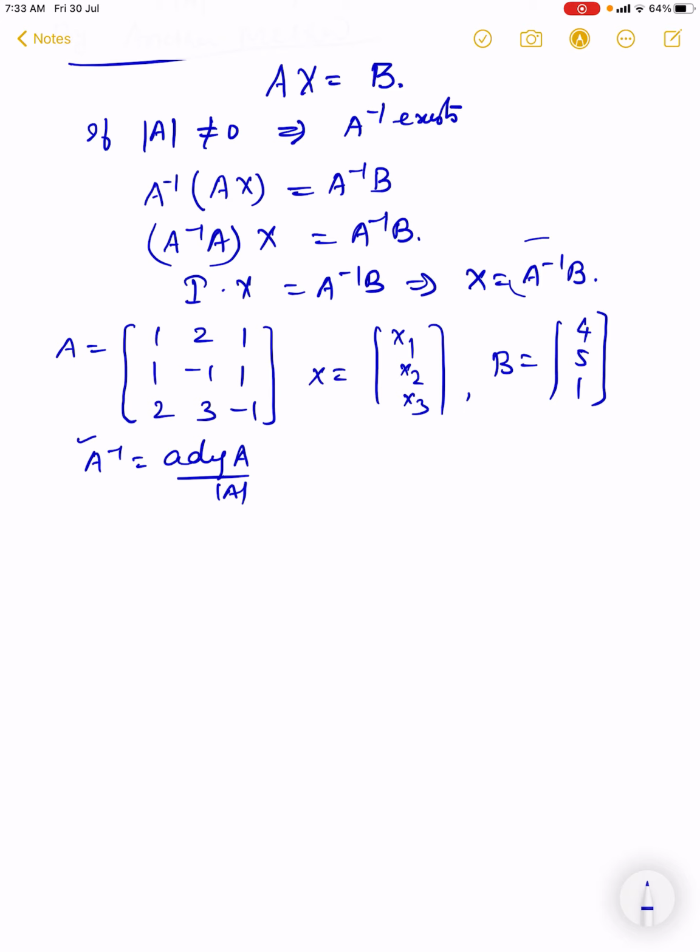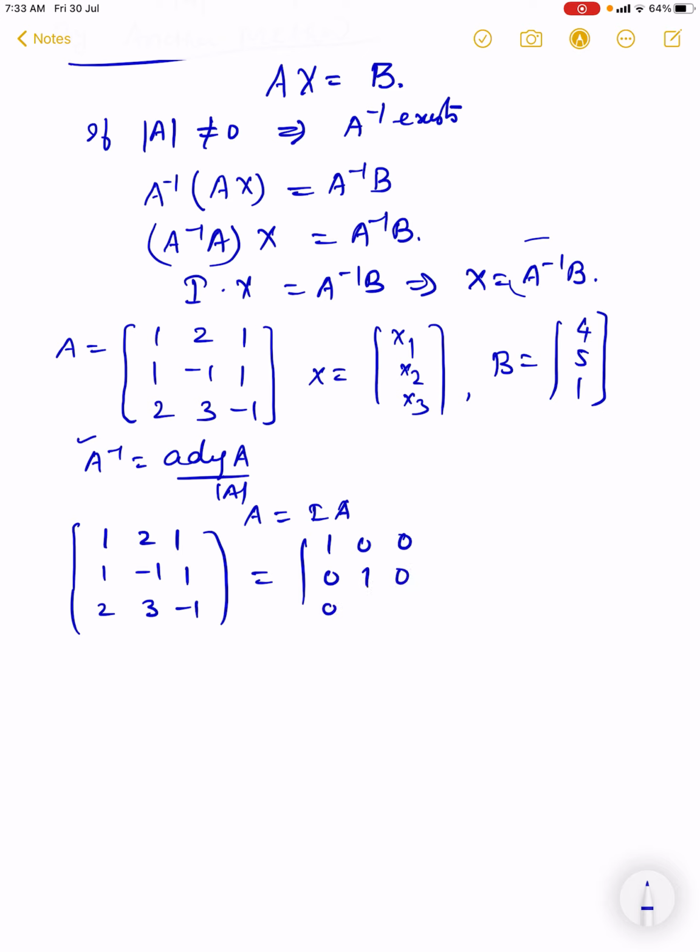Suppose we solve here through the elementary transformation method. In the elementary transformations method, A can be written as A equal to I into A: 1, 2, 1, 1, minus 1, 1, 2, 3, minus 1, and this is 1, 0, 0, 0, 1, 0, 0, 0, 1.